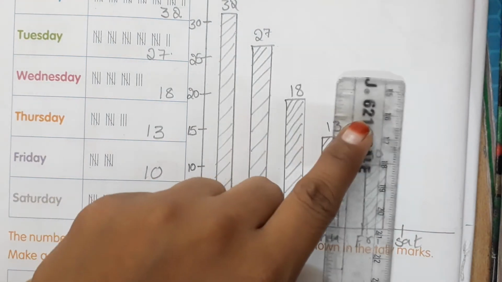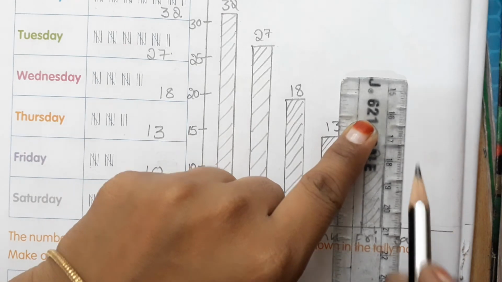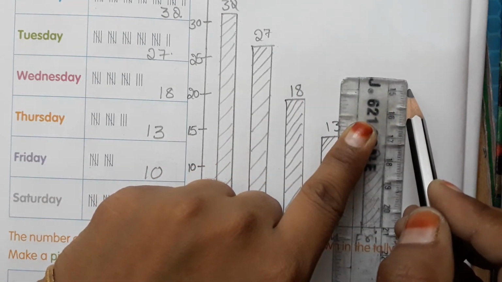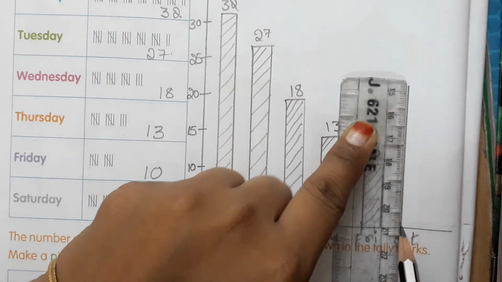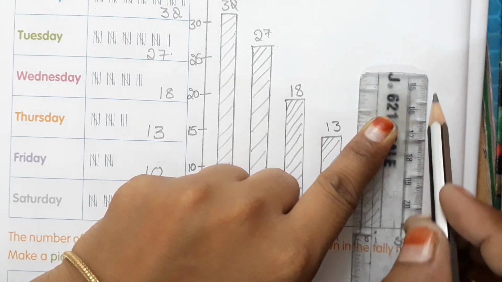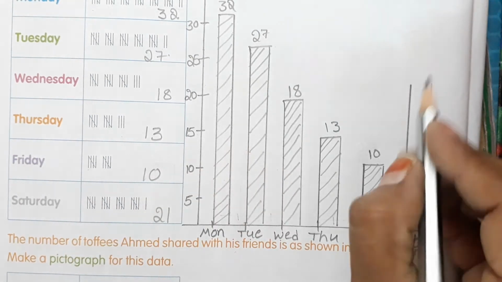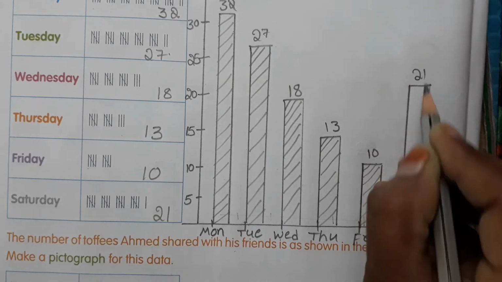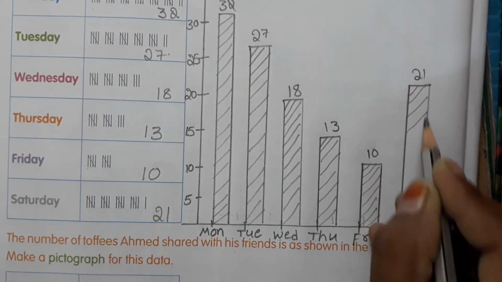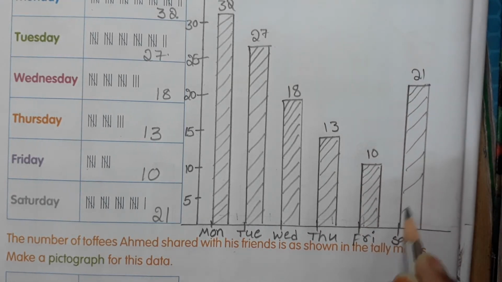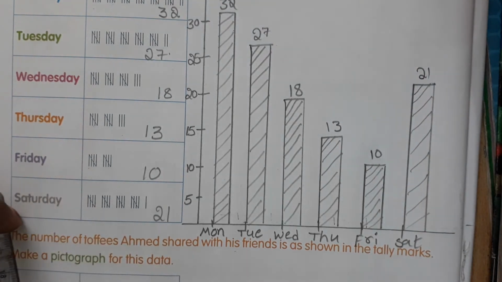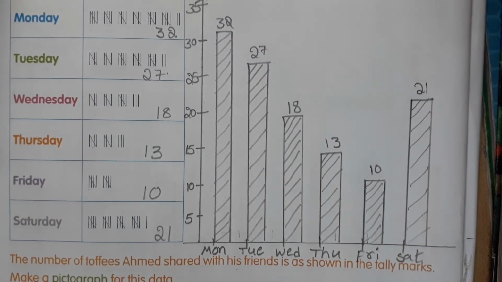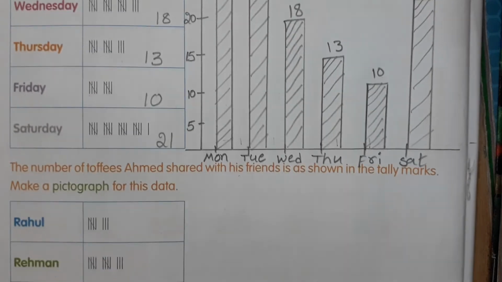So more than 20, little bit more than 20. Okay children, this is the bar graph about the given information. Now come to the next one.